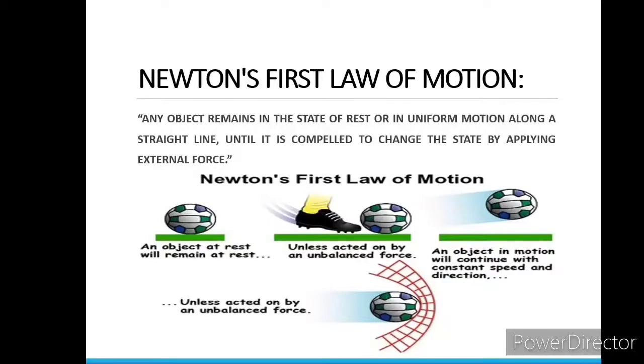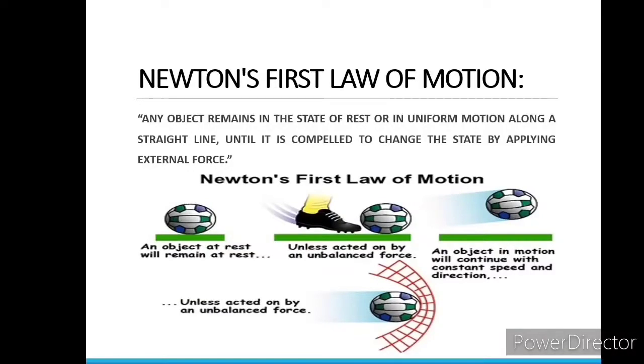When he applies the force on the ball, sometimes it stops when it hits the stumps, but it changes its direction. So force is something which changes the direction of an object. It changes the state of motion into rest and changes the state of rest into motion. That is the action of force.